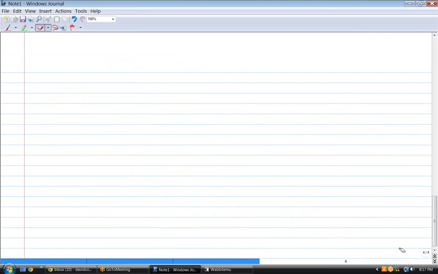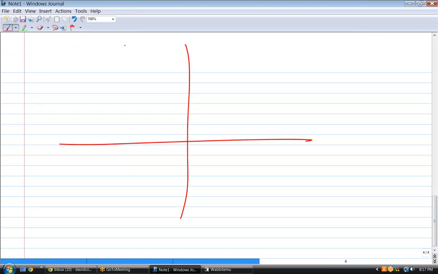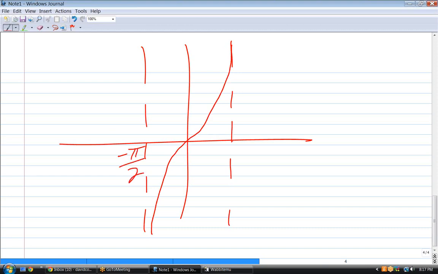Now, tangent is similar. Notice, but there's something special about the tangent. There's the tangent curve. Well, that's 1 to 1. And that goes from minus pi over 2 to plus pi over 2.